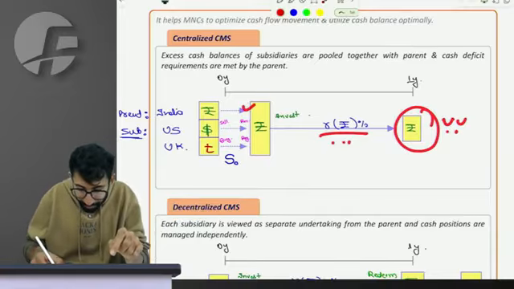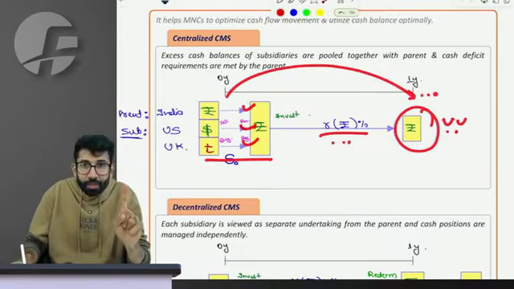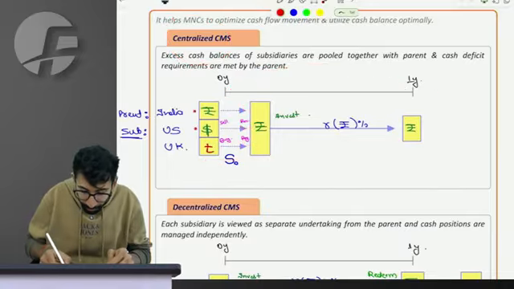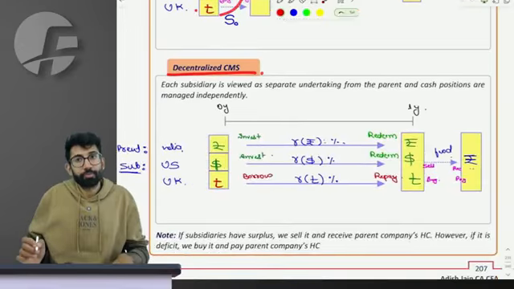Imagine that this excess amount and the deficit were for a period of 1 year. That is one way. This is centralized cash management, where all the surplus and deficits were centralized in the parent's currency and then managed. Another is the decentralized cash management system.